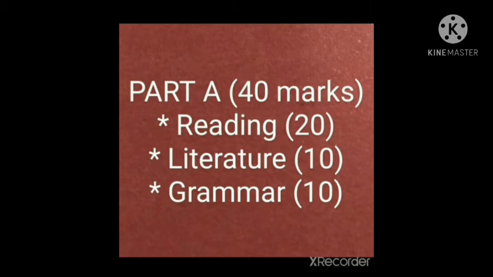In this video itself, I will discuss reading in detail, literature in detail, grammar in detail. So part A contains reading of 20 marks, literature of 10 marks, grammar of 10 marks, total 40 marks. All these questions are multiple choice questions. So you just choose the correct answer.